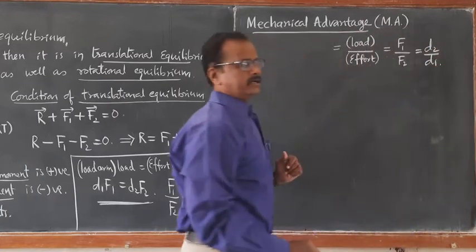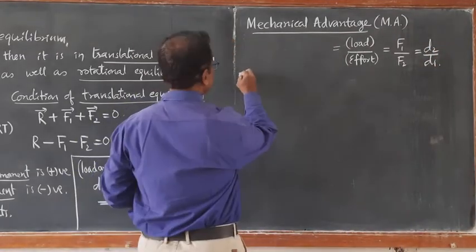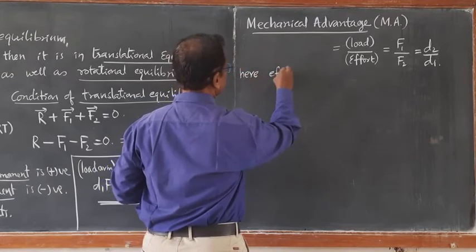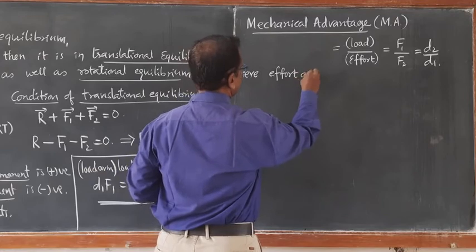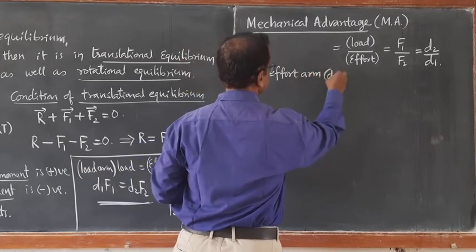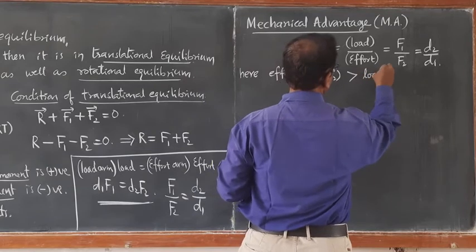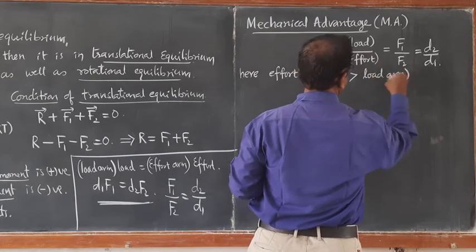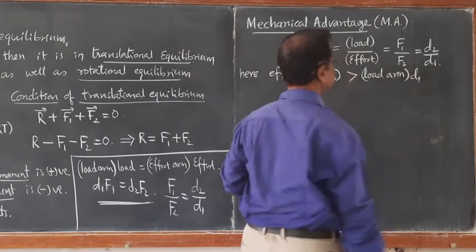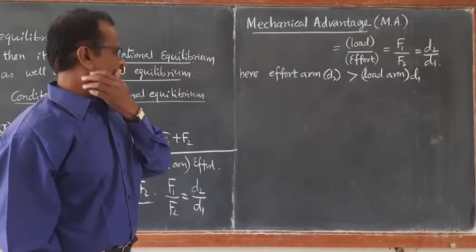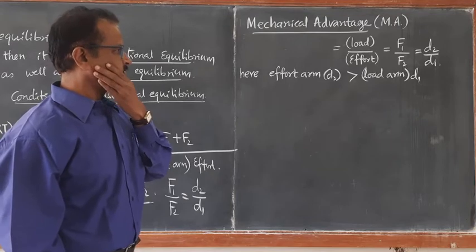So from the diagram, you see here effort arm, which is D2, is quite longer than load arm, which is D1. Effort arm is quite greater than the load arm D1.